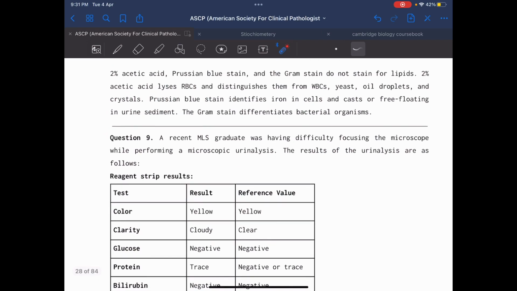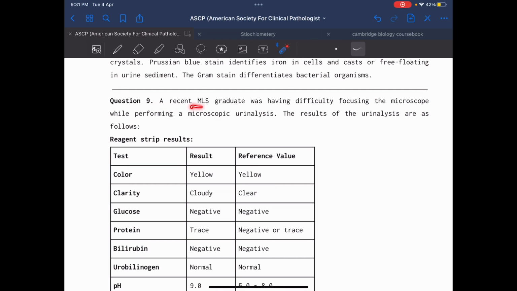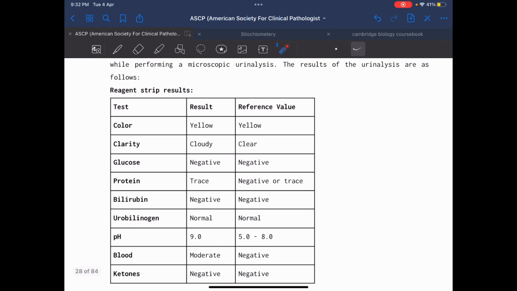Question number 9. A recent MLS graduate was having difficulty focusing the microscope while performing a microscopic urine analysis. The results of the urine analysis are as follows: color yellow, clarity cloudy, glucose negative, protein traces, bilirubin negative, urobilinogen normal, pH 9, blood moderate, ketone negative.